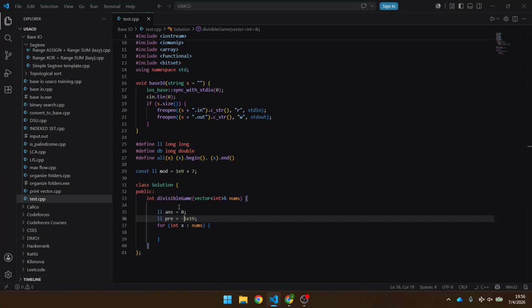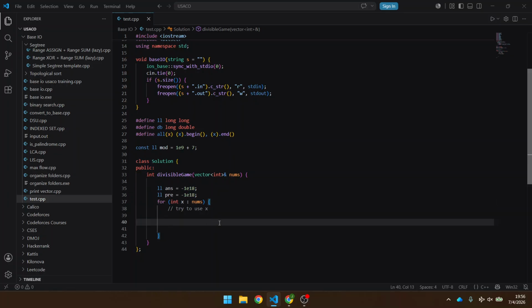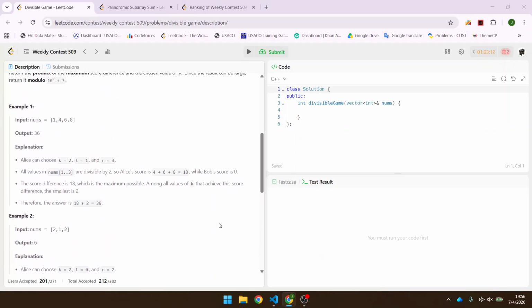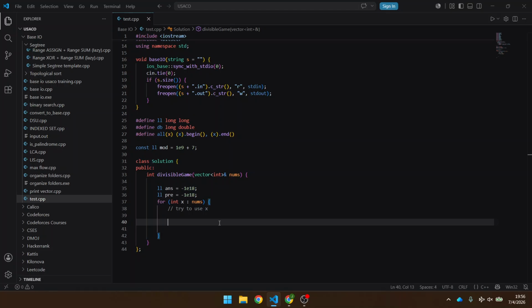-1e18. -1e18. X, case 1. Try to use X. Right, try to use it.